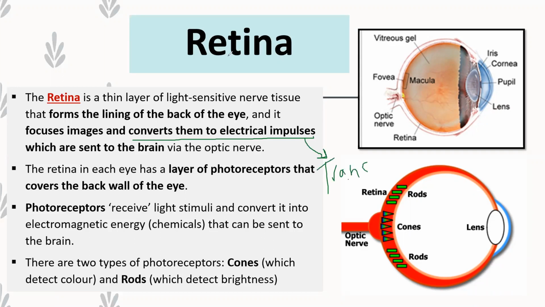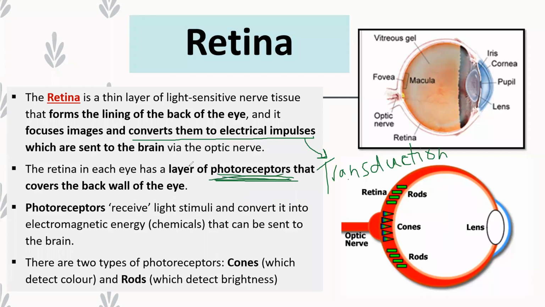Okay, so the retina does have a role to play in transduction. So obviously before the image is sent to the brain, the retina is the one that holds that image temporarily, okay? The retina is important because it has a layer of photoreceptors, and photoreceptors are light-sensitive cells, okay?